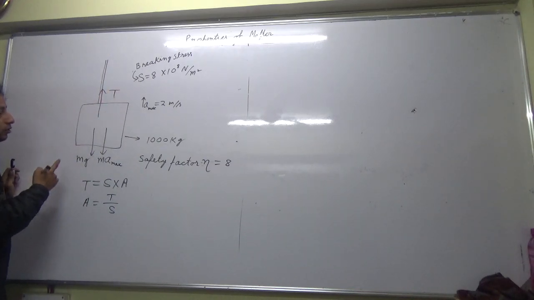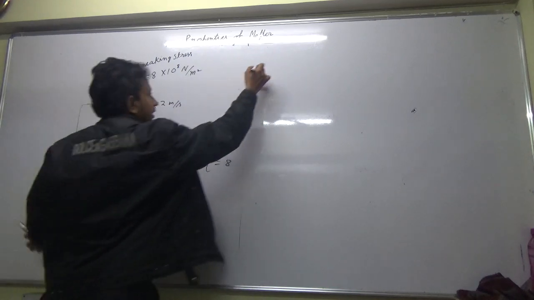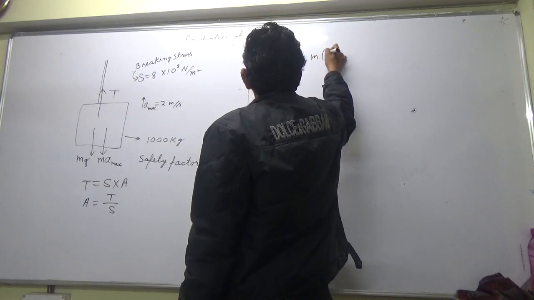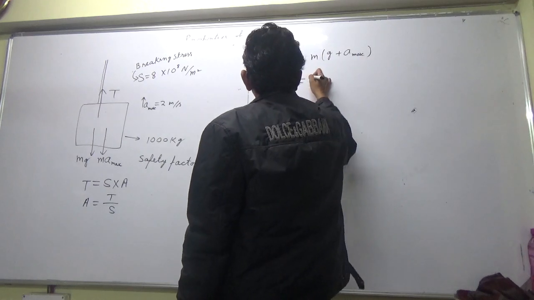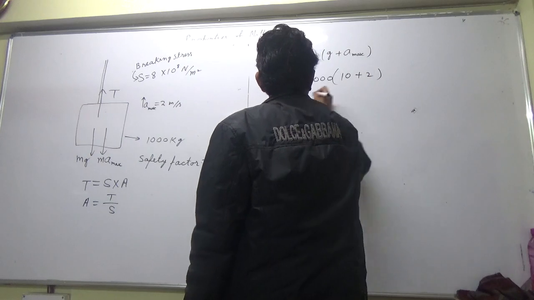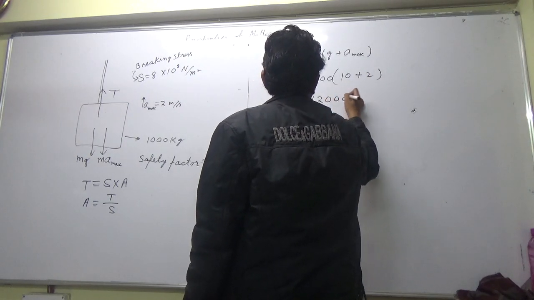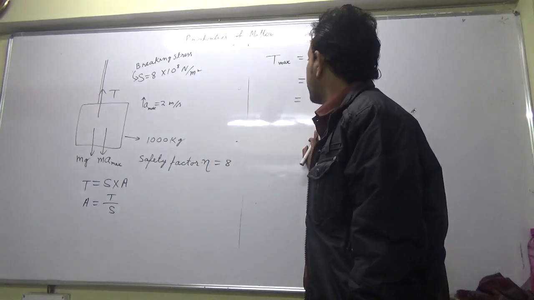So the maximum value of tension will be mg plus a max. So m is 1000, g is 10, a max is 2. So 12,000 Newton, that is the maximum force which we can have.